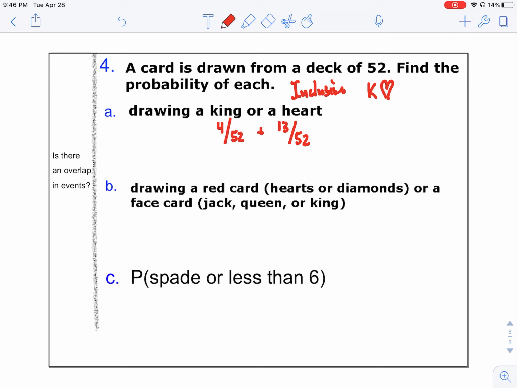It belongs in both of those events, I guess you could say. So the King of Hearts needs to be subtracted. Otherwise, you're double counting it. So it'd be 4 plus 13, which is 17, minus 1, which is 16 out of 52, which reduces to 4/13.